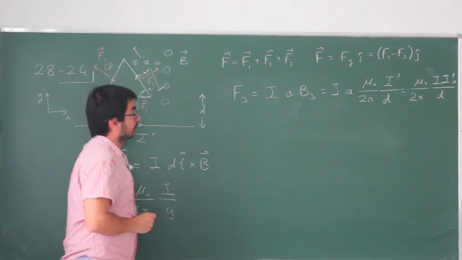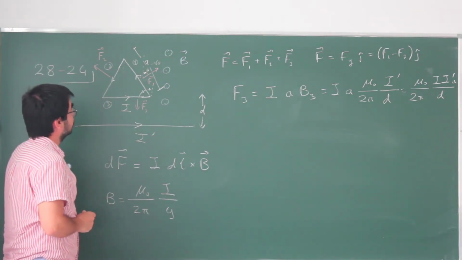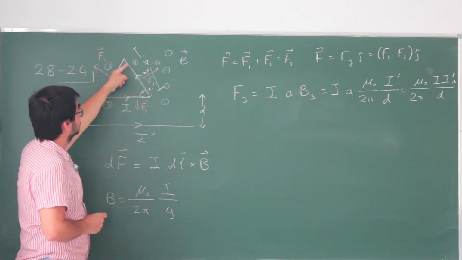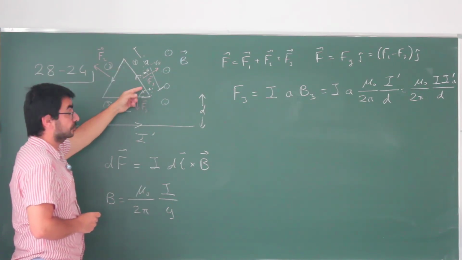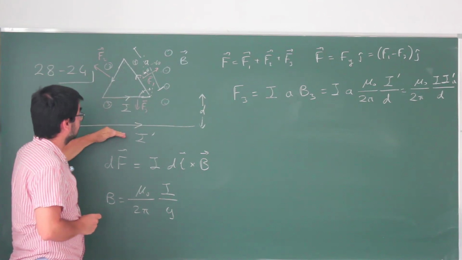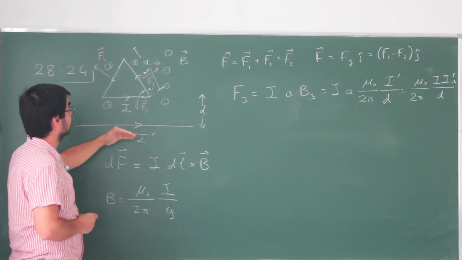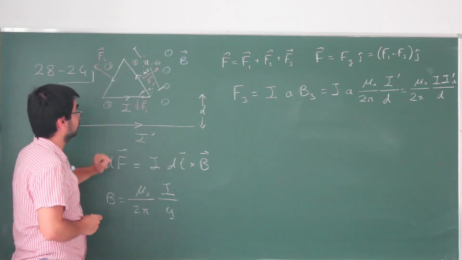Okay. All right, now what about F1? For F1, we need to calculate the little parts, and each little segment on this side of this triangle, of this loop, is going to feel a different force because their distance from this line of current is different, so it's going to feel a different magnetic field. Even though everything else is the same, the magnetic field gets weaker as we move from this point to that point.